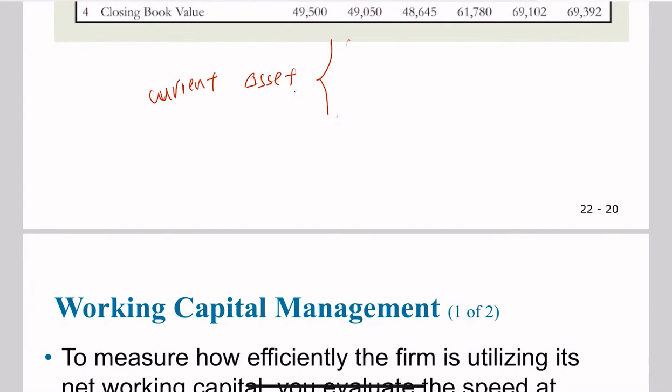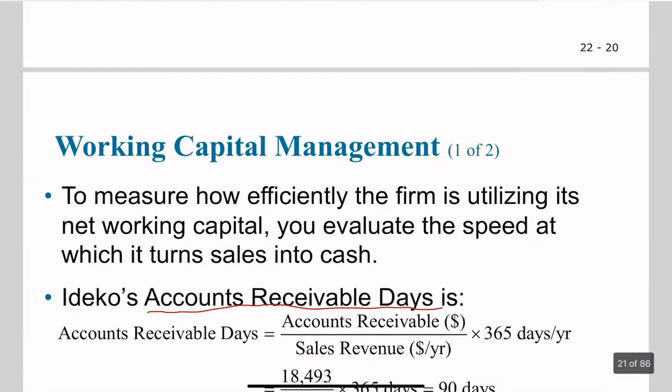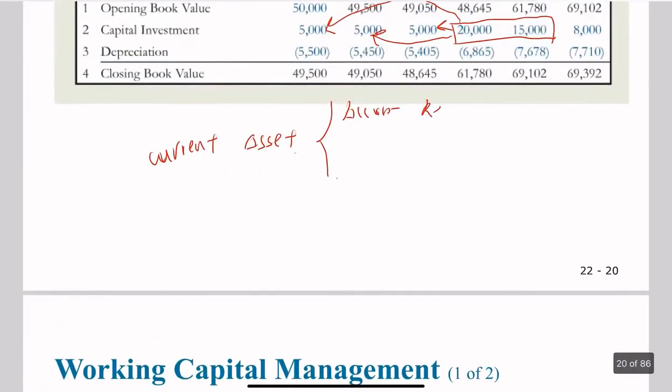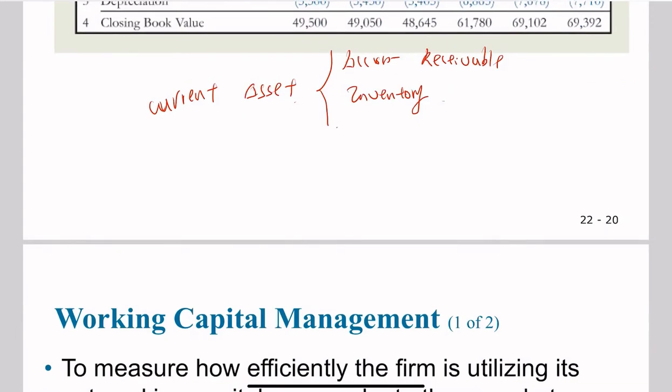For example, it could have accounts receivable. And then you would have inventory, right? And then if you also look at current liability, the very famous one would be accounts payable.